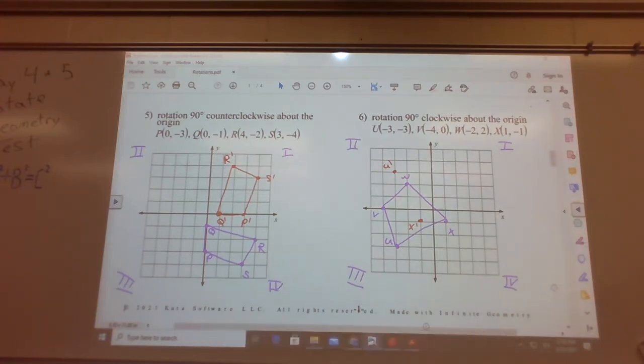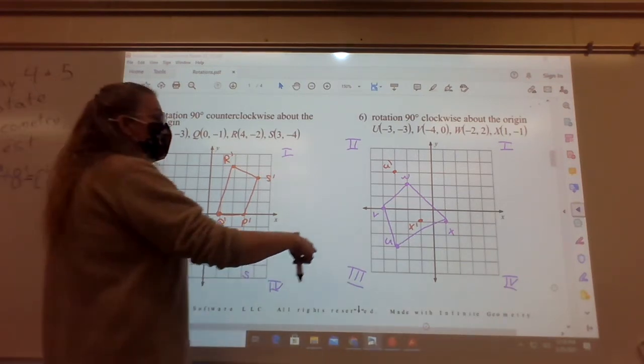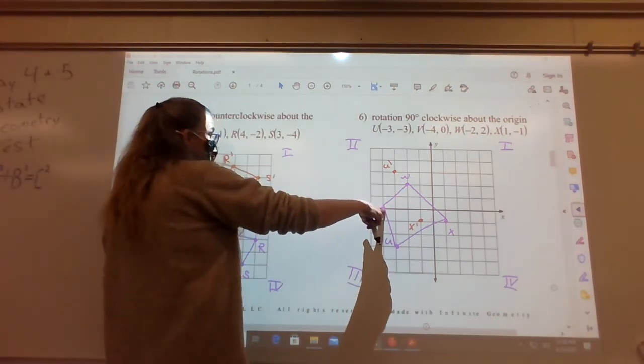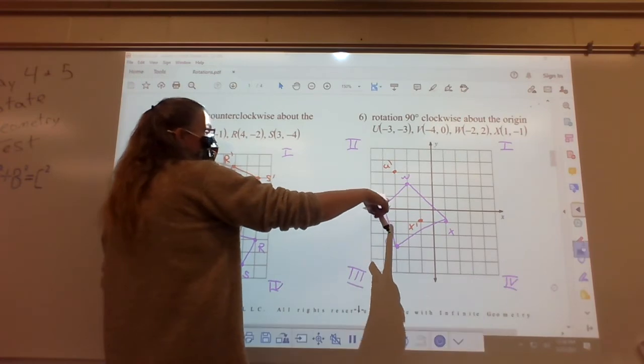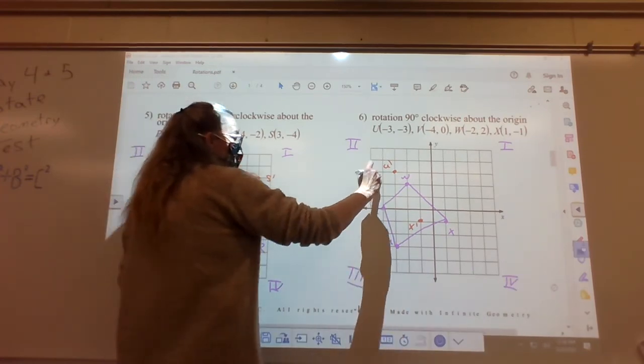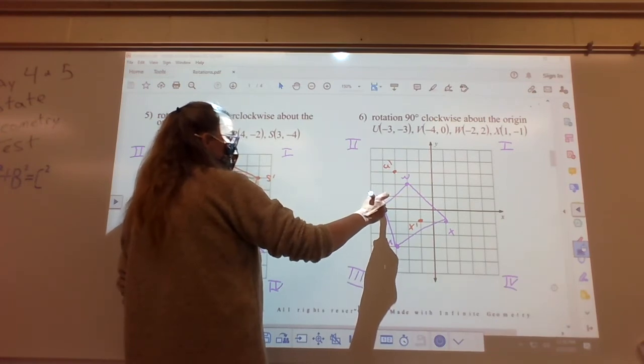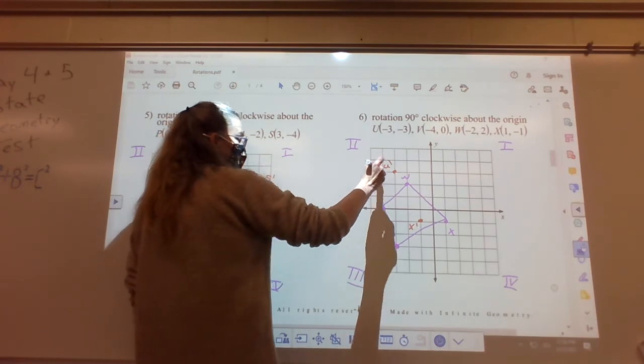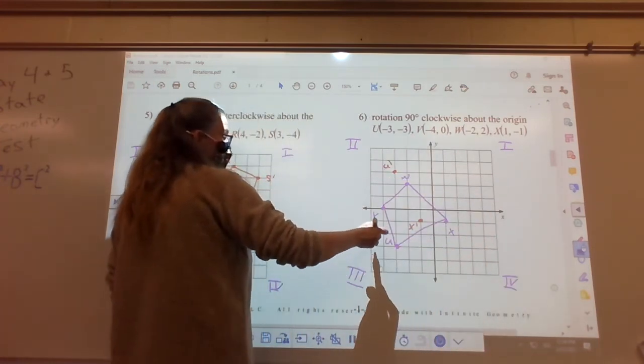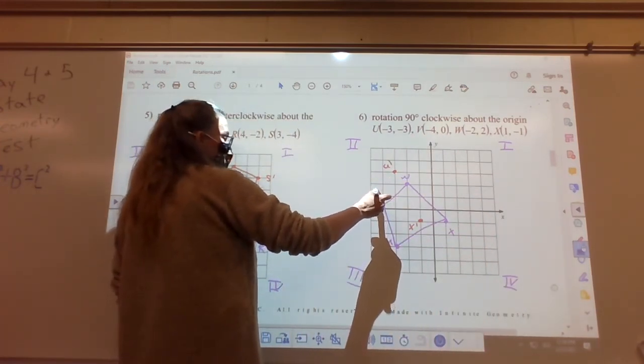Let's move to the next one. Let's do V. V is smack dab between 2 and 3. So if it's on the axis between 2 and 3, when I spin it, it's still going to be on an axis, but it's going to be between which 2? So I was here between quadrant 2 and 3.